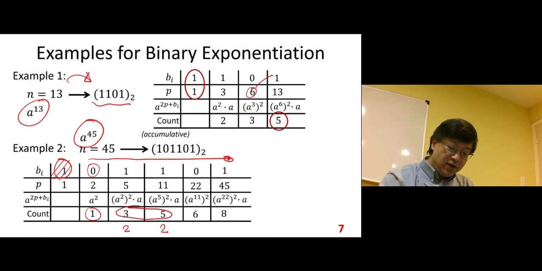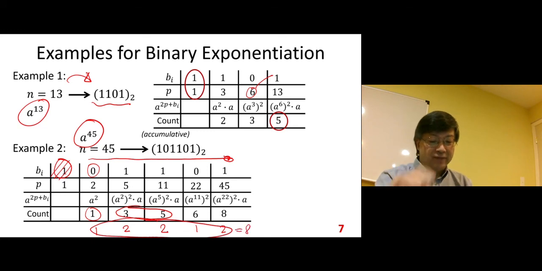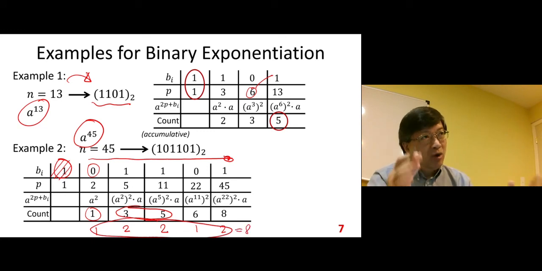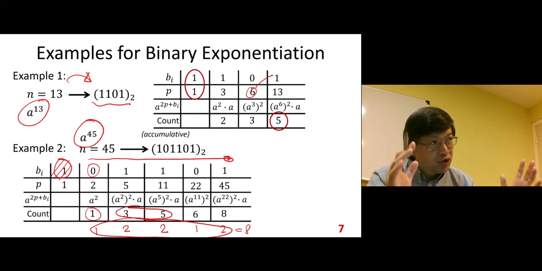So you can see, when you see 1, you just put number 2 there. When you see 0, just put number 1. So at the end, you add up all these numbers, you get 8. Okay. That will be much faster, the solution will be much shorter.